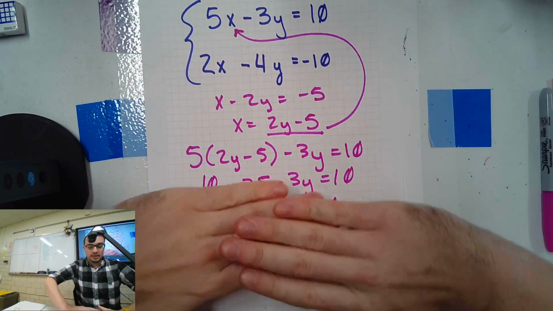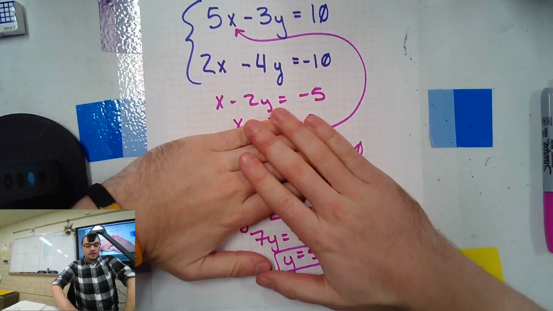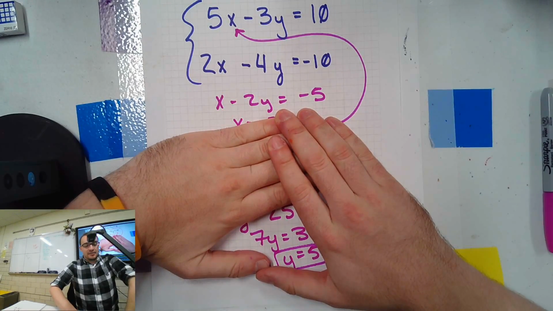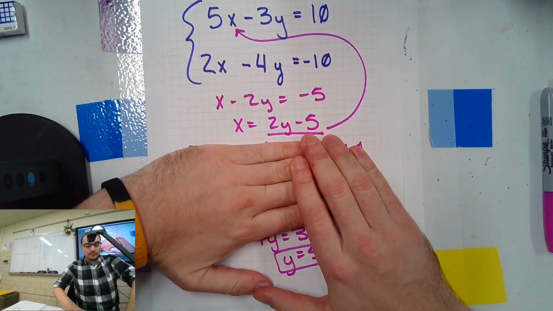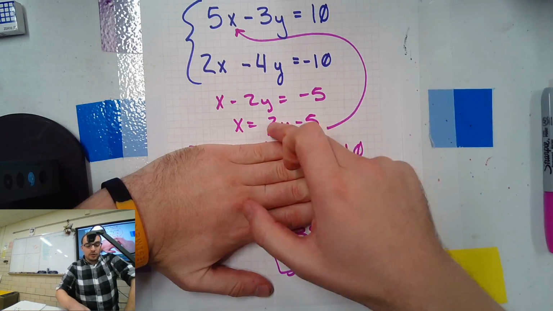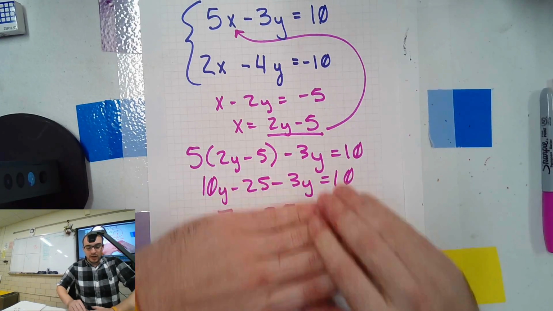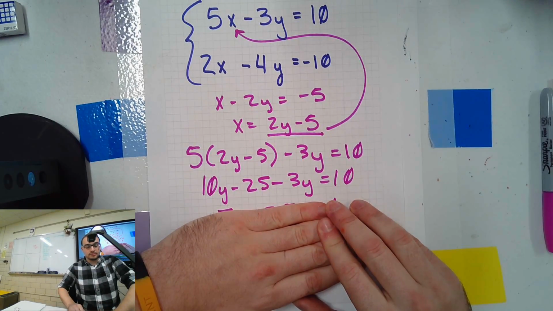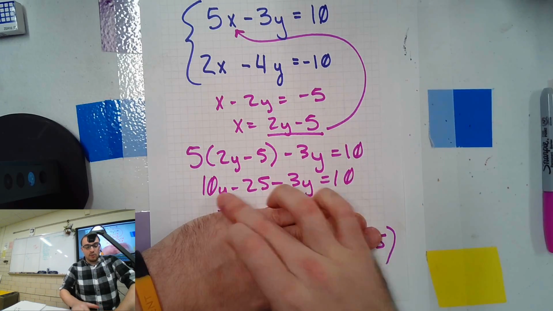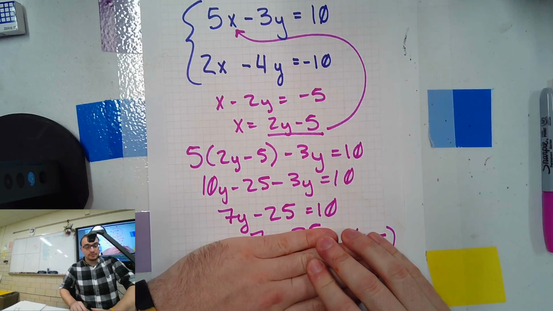All right, kids. Do we agree up to here? I divide everything by 2. Do we agree that I plug it in and I get this? Do we agree about the distribution? Do we get 10y minus 3y is 7y?